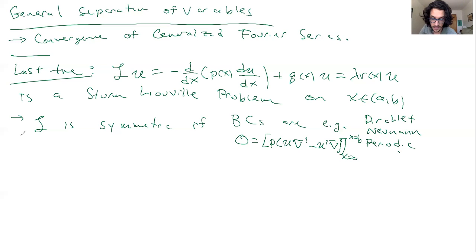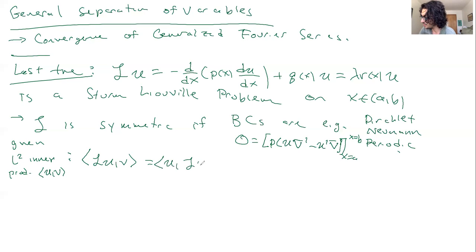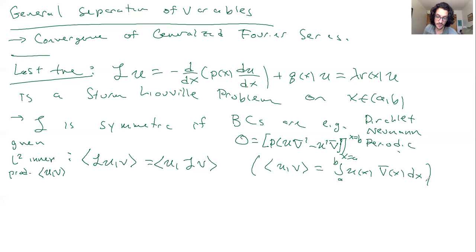What does symmetric exactly mean? Well, given the L2 inner product, for u and v, we have that the inner product of Lu with v is equal to the inner product of u with Lv. Just to define the L2 inner product, it's u of x, v conjugate of x, integrated against one another from a to b.